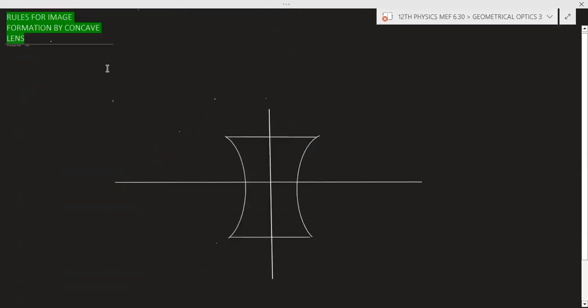So we'll see rules for the image formation by concave lens. This is the concave lens, thin in the middle, thick at the edges, and this is the principal axis.